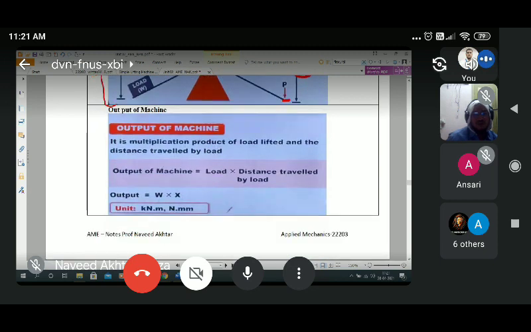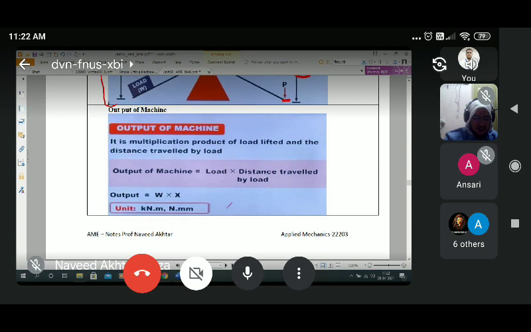It is also denoted by kilonewton meter or newton mm, because the load or the weight of that material will be in newton or kilonewton.